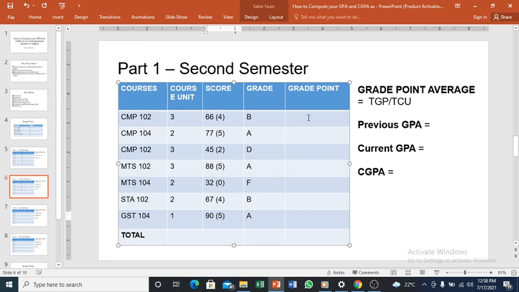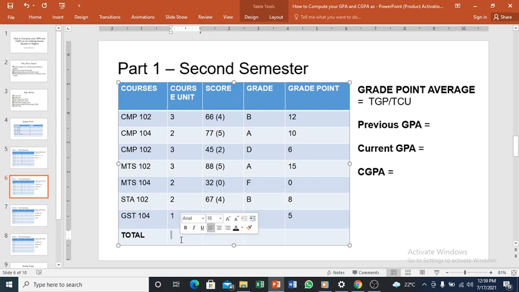So let's begin to have the grade point now. We have 3 times 4 is 12, 2 times 5 is 10, 3 times 2 is 6, 3 times 5 is 15, 2 times 0 is 0, 2 times 4 is 8, 5 times 1 is 5.